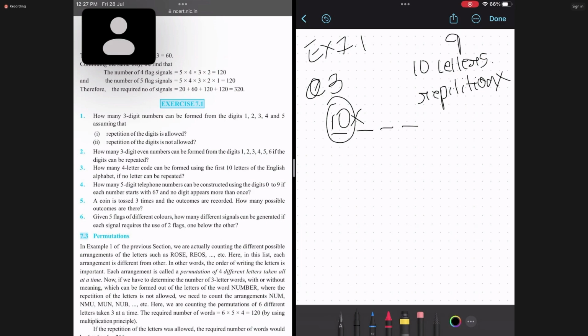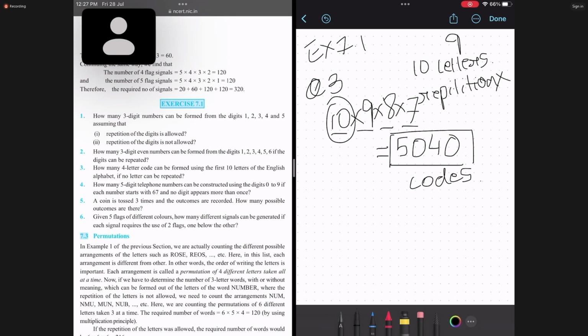Think how we approached the first question and you'll be better able to visualize how we arrived at this. So 9 here, similarly 8 here, and now we are only left with 7, so 7 here. When you multiply this, the final answer is 5040. So 5040 codes can be generated which are 4 letters long from the first 10 letters of the alphabet, where repetition is not allowed. Correct.